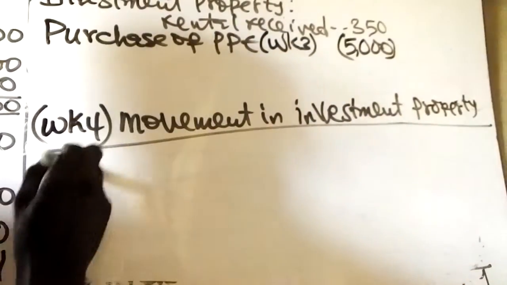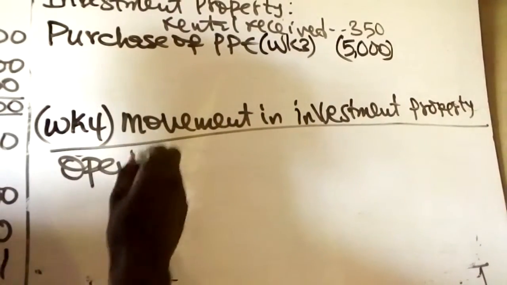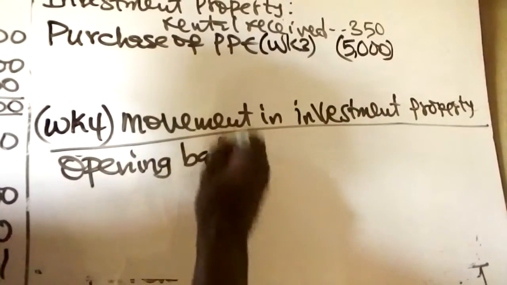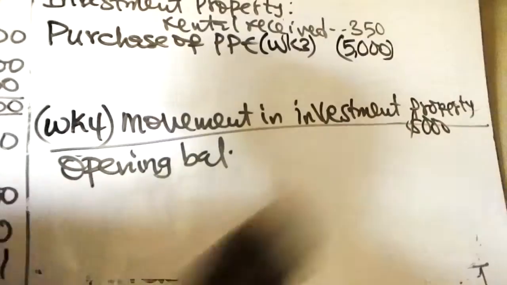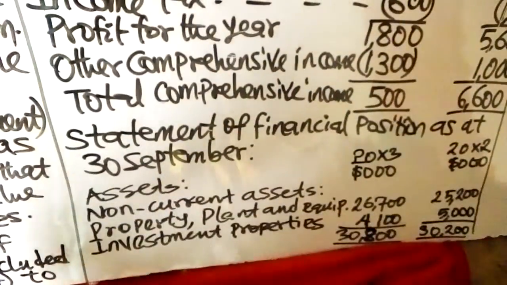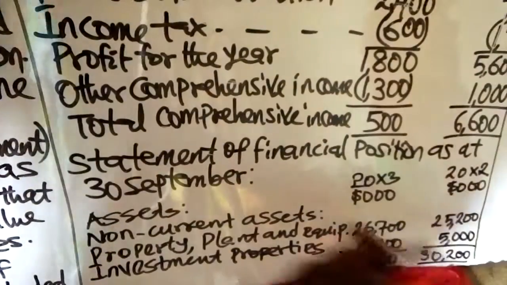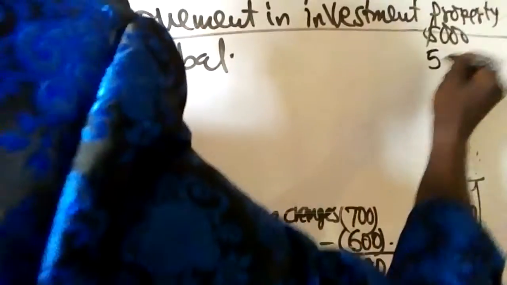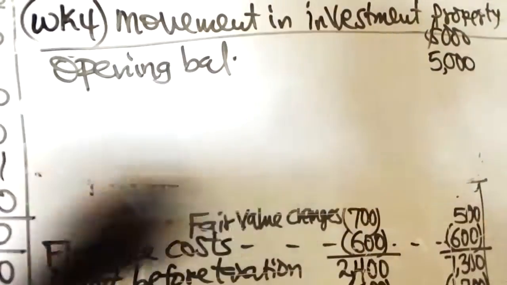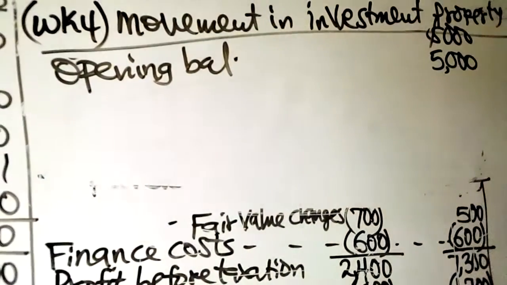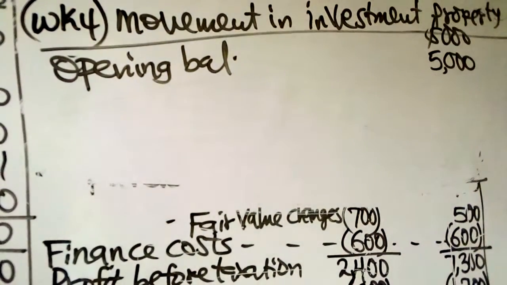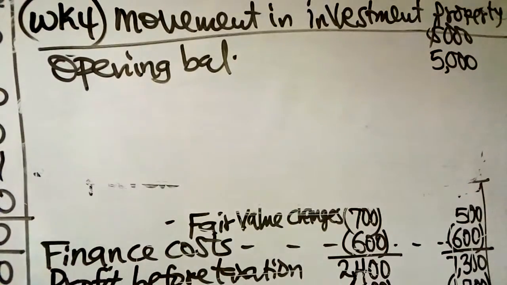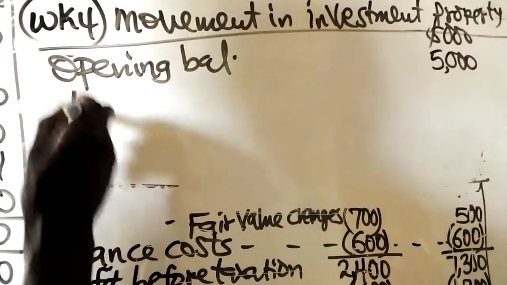The opening balance of investment property is given to be 5,000. Then remember 1,600 has been transferred to PPE.